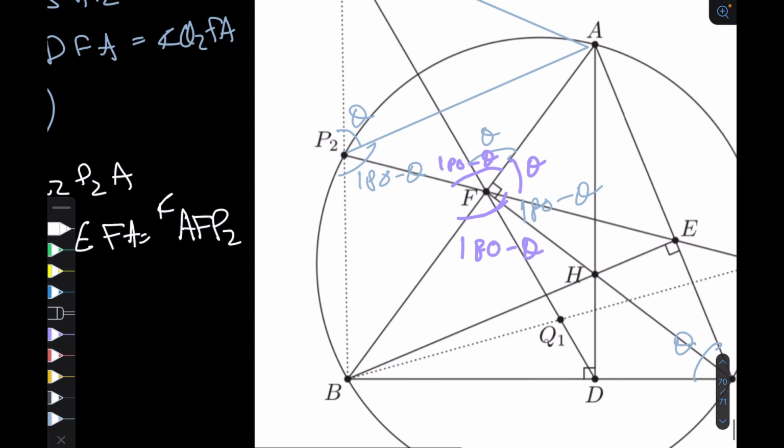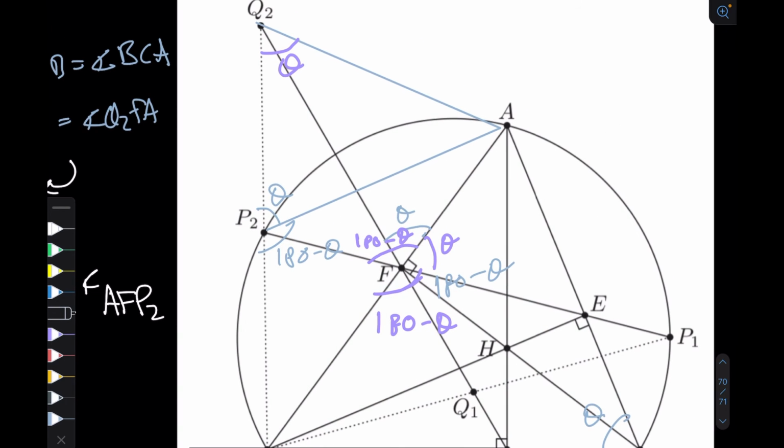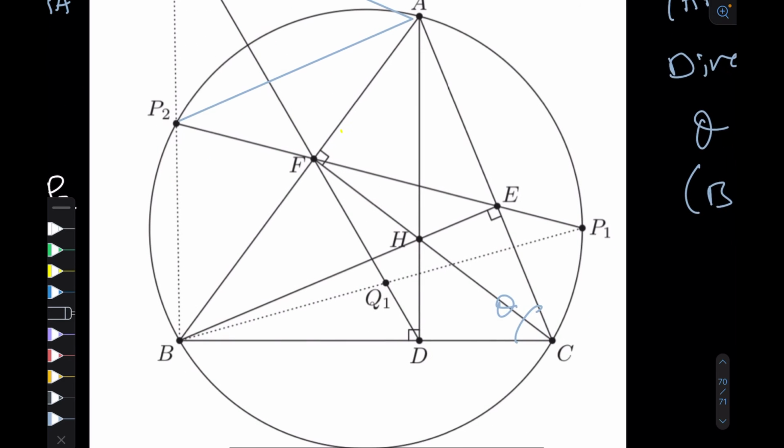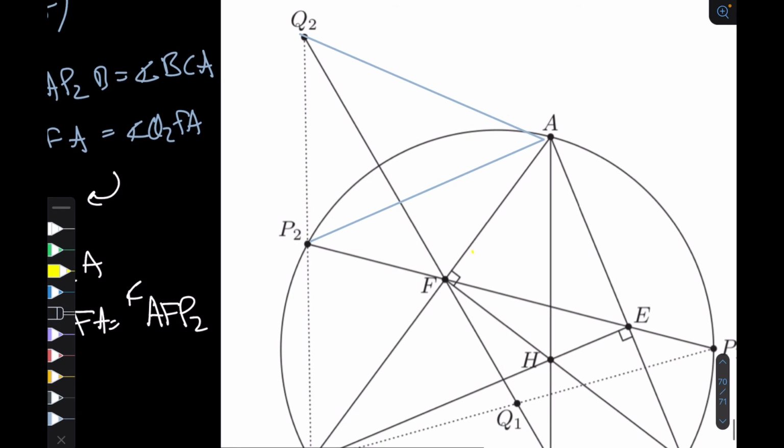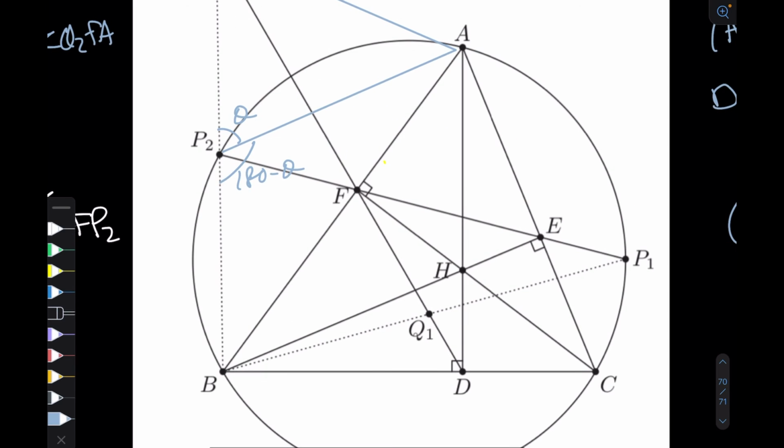So just to give a bit of a recap, what the whole story here was is that we started out with this angle theta. We said, okay, this is 180 minus theta. Then we said that since this whole thing is a cyclic quadrilateral, this must be theta.